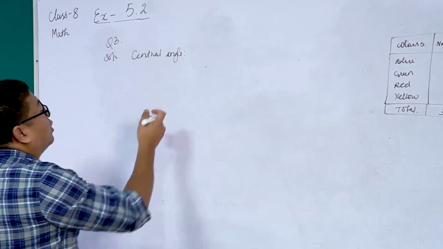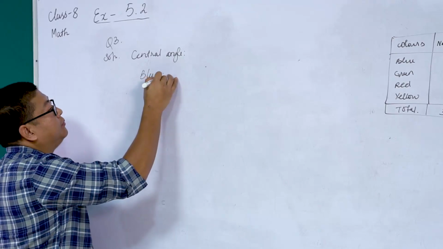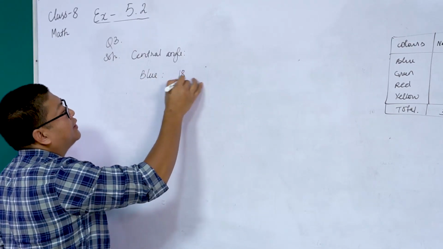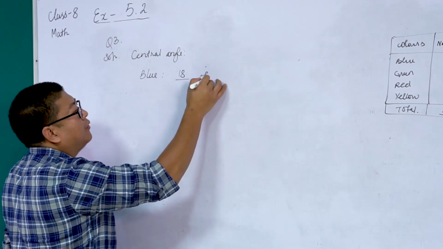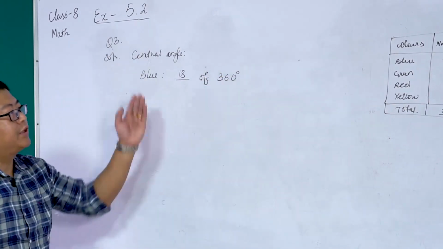Now, when we talk about central angle for blue, central angle is nothing but a fraction of 360 degree. A fraction of 360 degree.